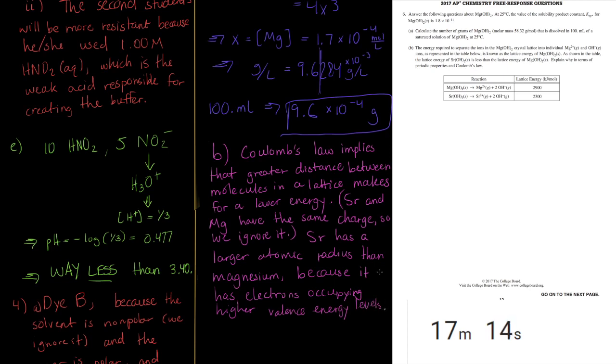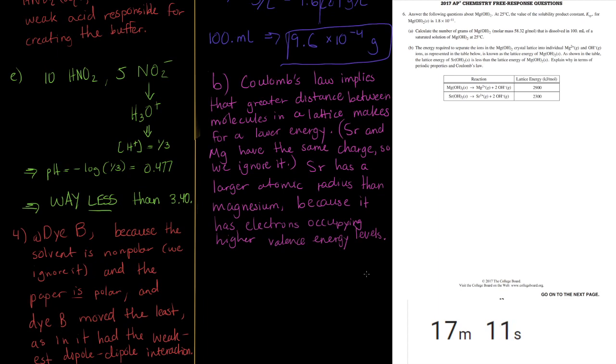Okay, so therefore, and it's kind of implied that the OH is going to be the same in both cases, the Sr(OH)2 has a greater distance between lattice points. There might be a more concise way to write this.